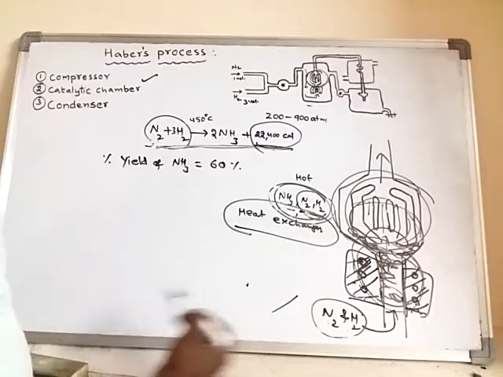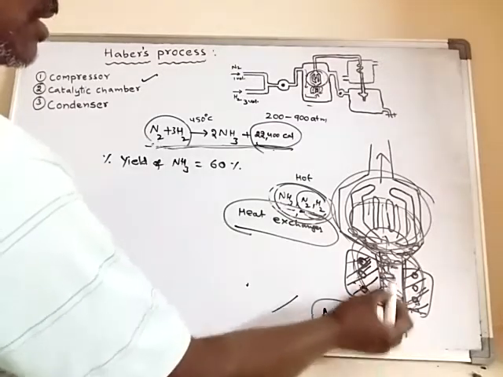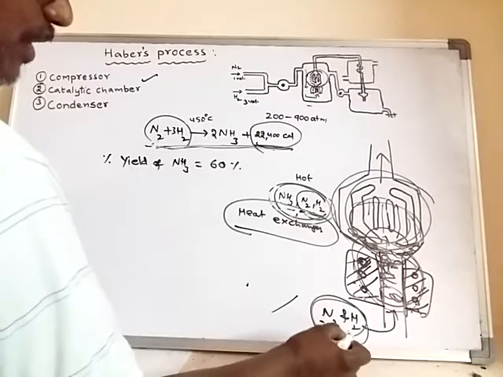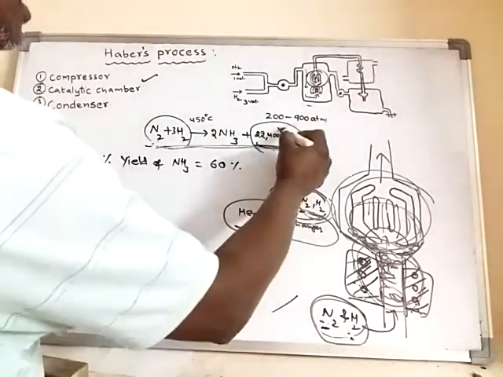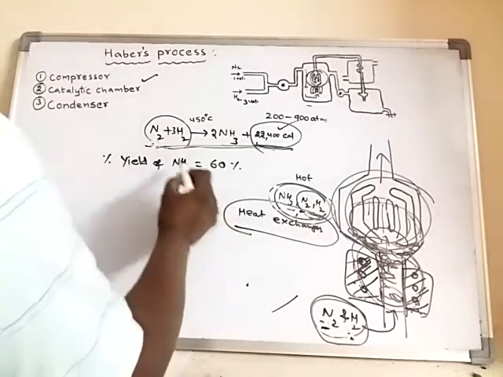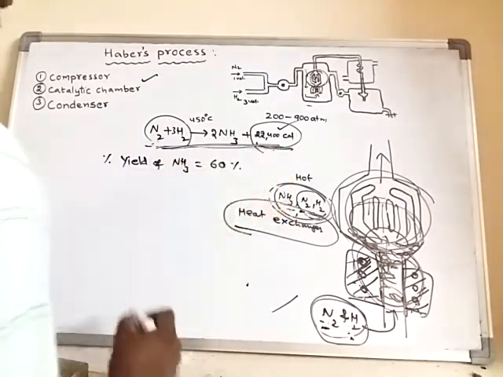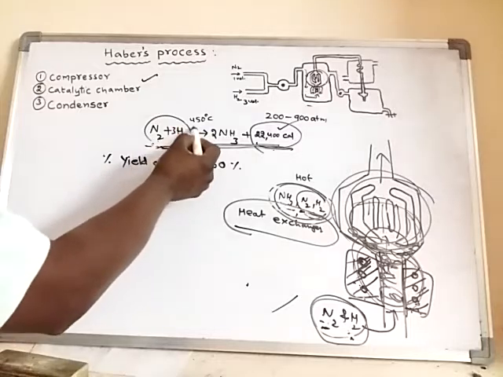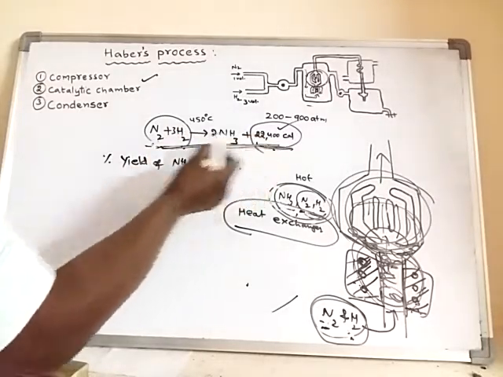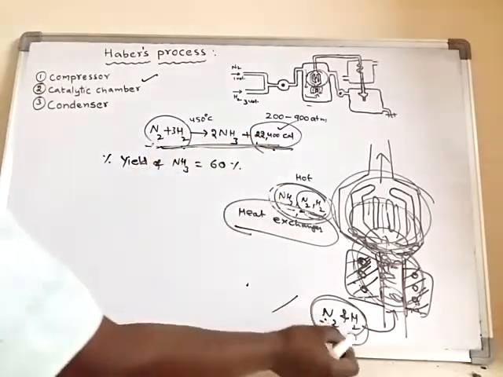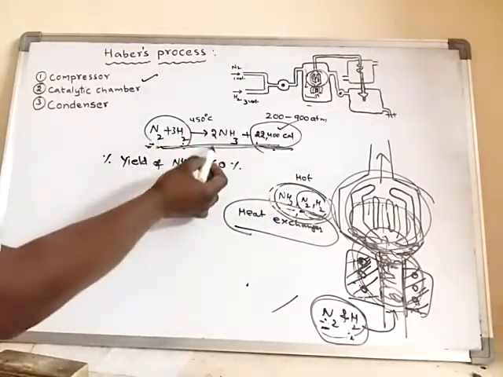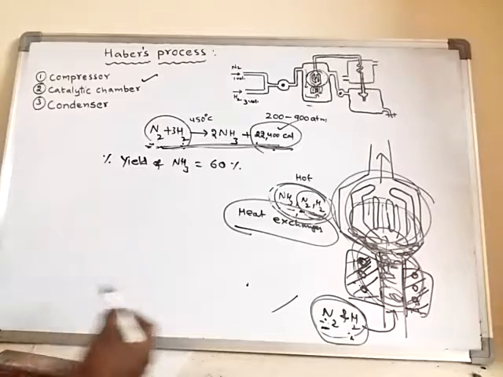So now the incoming gases, that means the fresh gas mixture, will utilize this heat energy for the same reaction to occur. Again the new gases will react with the help of this energy, the same reaction will occur, and fresh ammonia gas is formed.